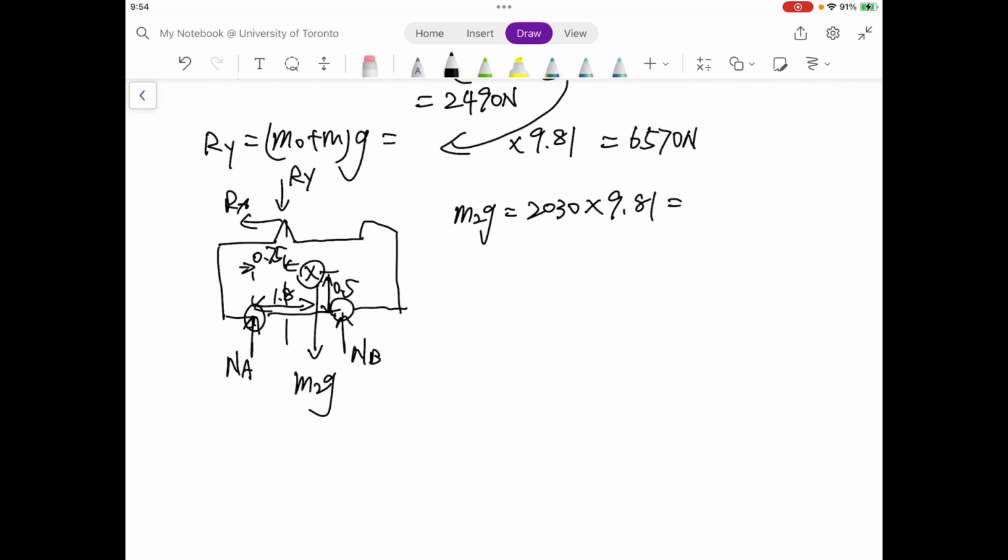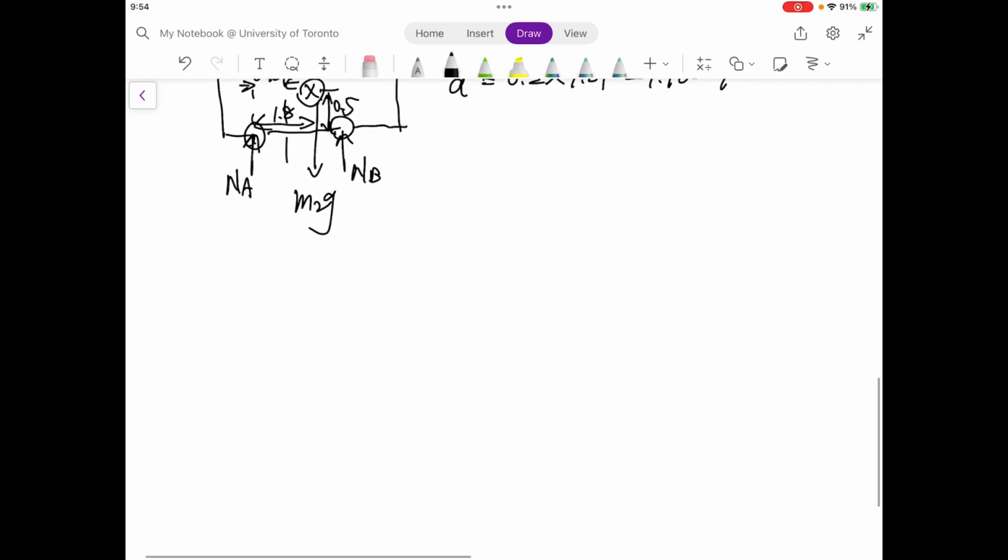This is equal to 19910 Newton. Acceleration is equal to 0.2 times 9.81. This is equal to 1.962 meter per second square. So sum of moments, if we set this as our positive direction, is equal to M2 A d.